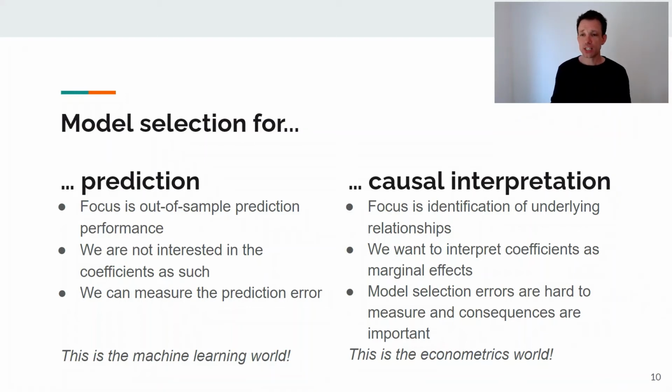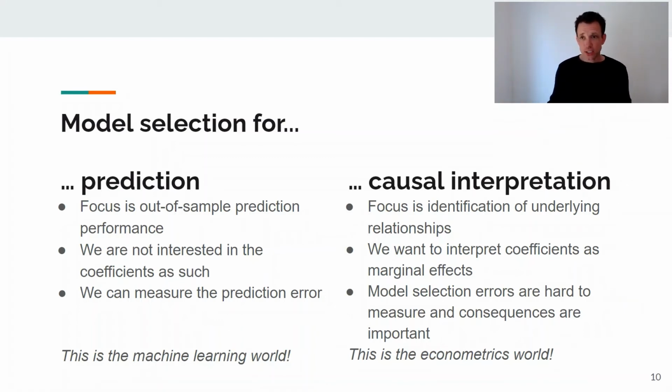In a causal interpretation context, that is way more complicated: assessing how well you are performing and saying which model is better than another. The prediction context is basically the machine learning world. I would say 95-98% of machine learning applications are prediction tasks, and to some extent they are way simpler than causal interpretation tasks, which is the econometrics world.